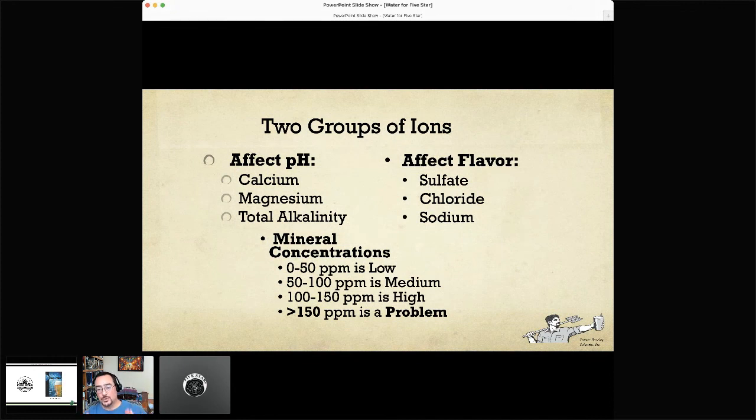From a brewer's point of view, in terms of mineral concentration, 0 to 50 ppm is low, 50 to 100 is medium, 100 to 150 ppm is high, and over 150 ppm tends to be a problem. Again, ppm equals parts per million or milligrams per liter.